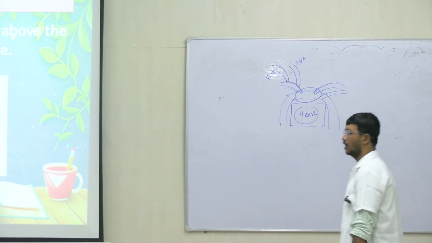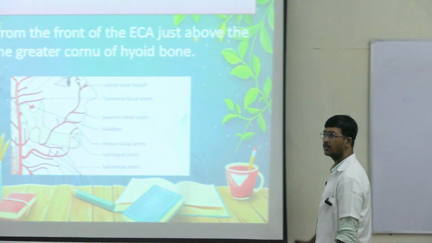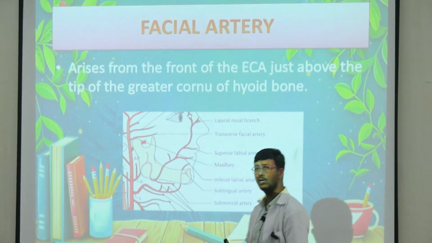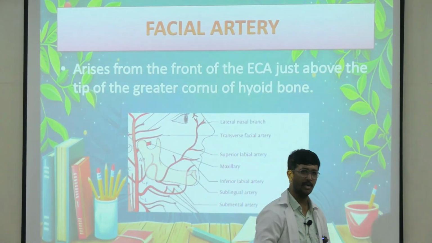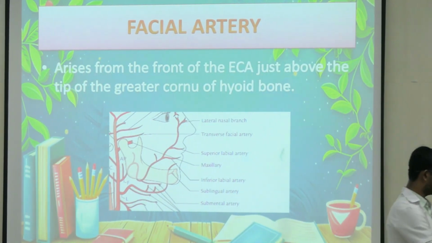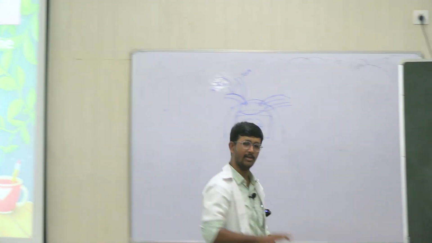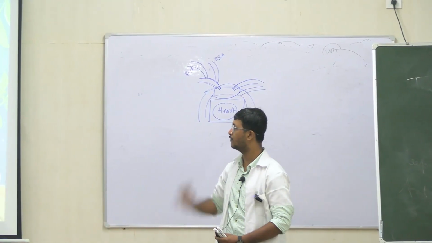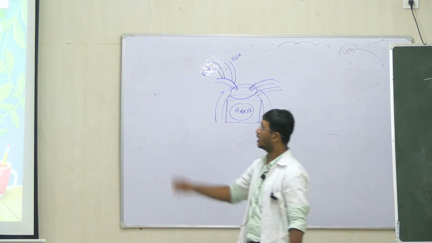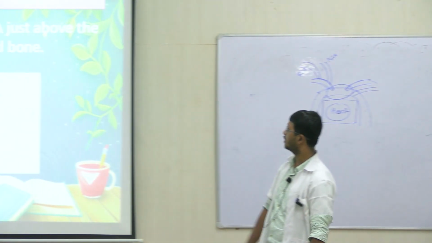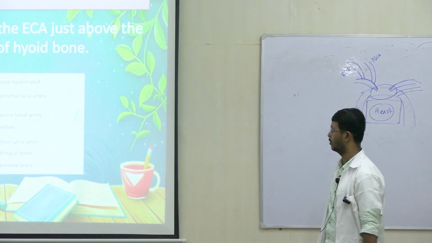Now coming to the facial artery. The facial artery is one of the main arteries among the external carotid artery branches. Earlier it used to be called the external maxillary artery, but leave this term; now it is called the facial artery. It arises from the front of the external carotid artery just above the tip of the greater cornu.